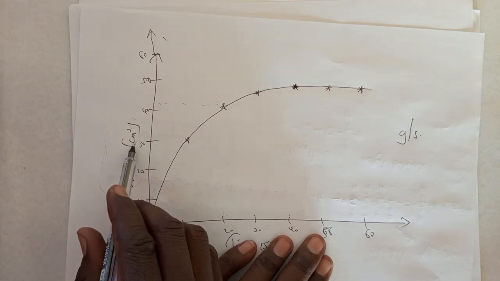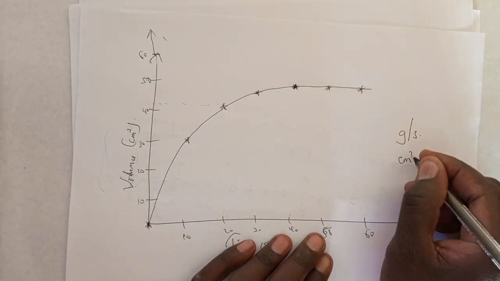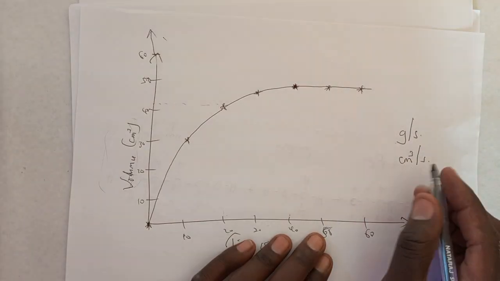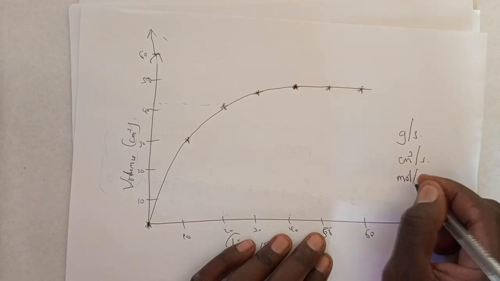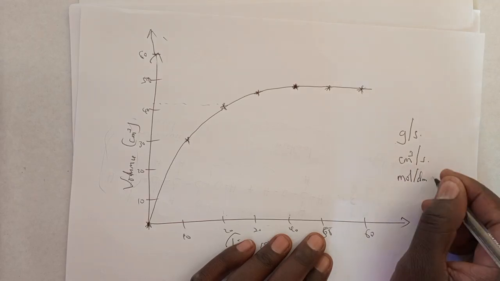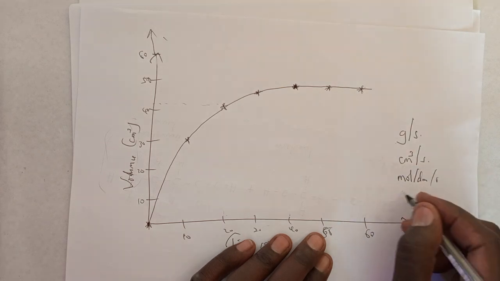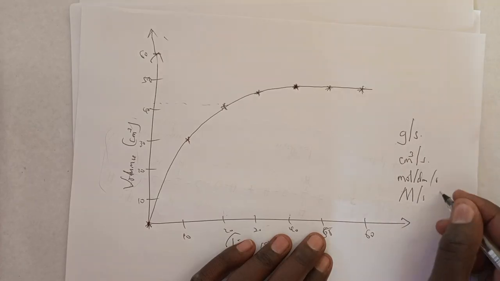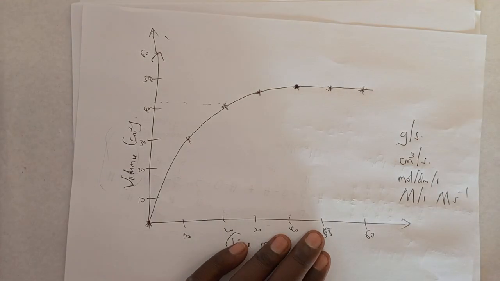But if you've been given volume, the units are going to be cubic centimeters per second, okay? If it is concentration, the units are going to be mole per cubic decimeter per second, okay? Or you're going to say mole per second, which is the same as like this, okay?